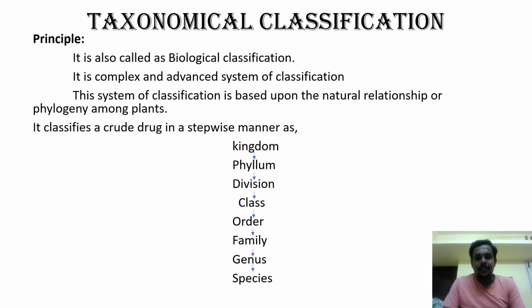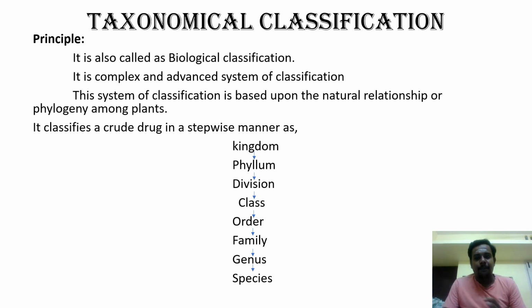Here it is based upon the natural relationship among the plants. So here we are going to categorize the crude drug based on the relationship between each and every one. For example, if 10 plants have the same leaf shape, let me consider 10 plants having similar leaf structure or pattern, then we will keep them in a single group.